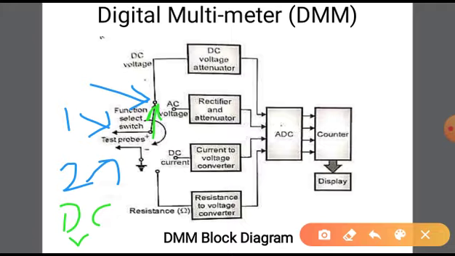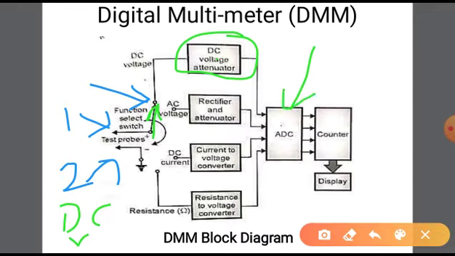What is the function of this block? It is the DC voltage attenuator. You know that an attenuator decreases the amplitude, that means it decreases the voltage. If your voltage is high, the attenuator reduces it, and then this voltage is applied to the ADC.